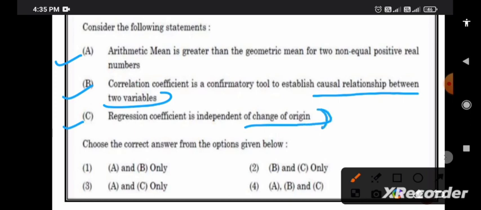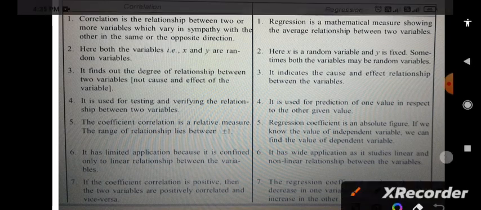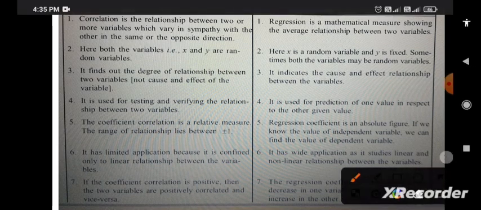So now before answering this, let's know about the correlation coefficient and regression coefficient. Correlation is the relationship between two or more variables which vary with the other in the same or the opposite direction, whereas regression is a mathematical measure which shows the average relationship between the two variables.